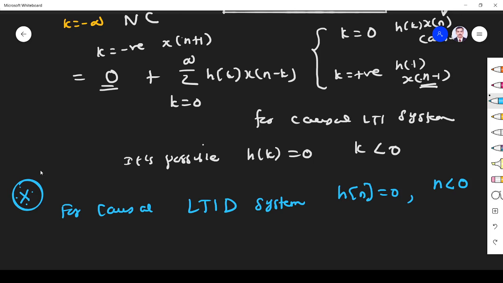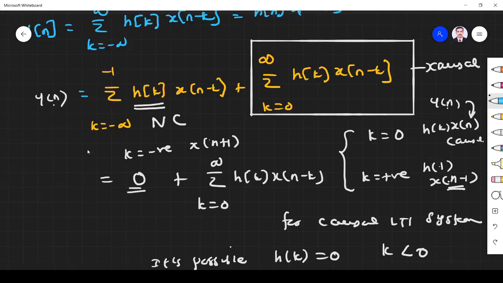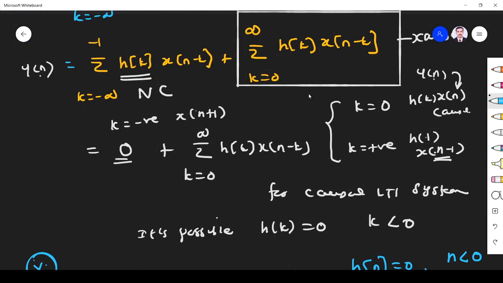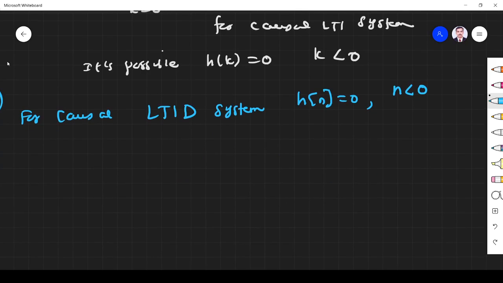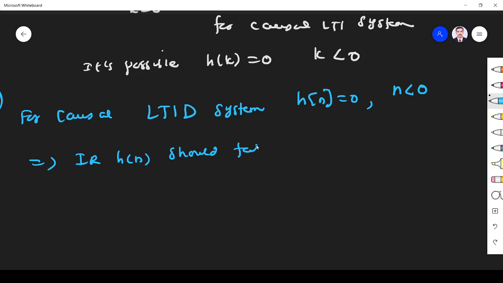Then only the summation will become 0 and y of n purely defines causality. This indicates the impulse response h of n should take only positive values of n for the LTI discrete time system to be causal.